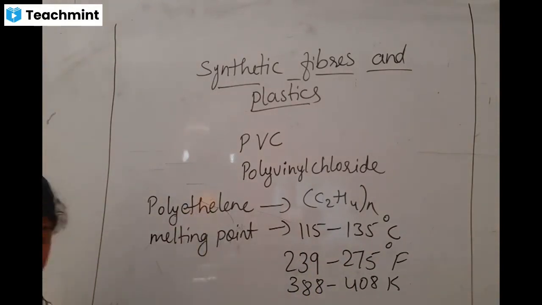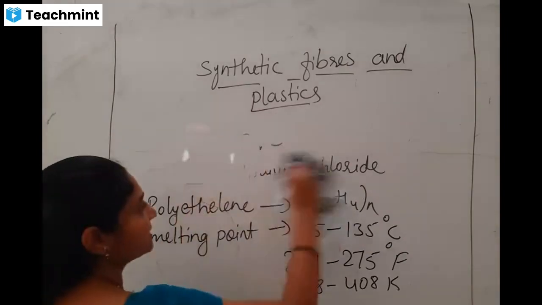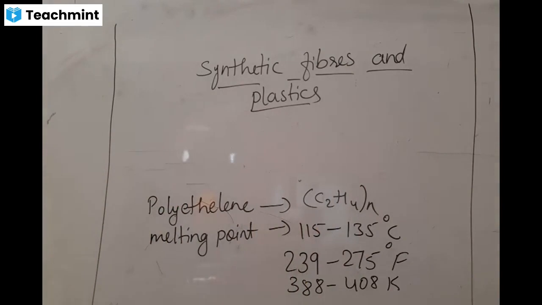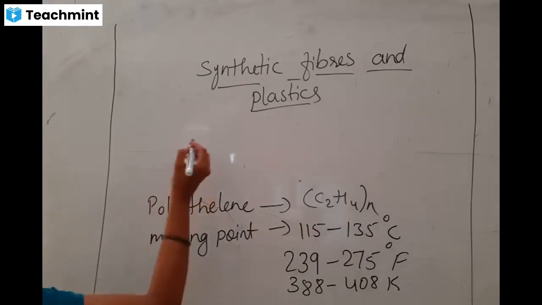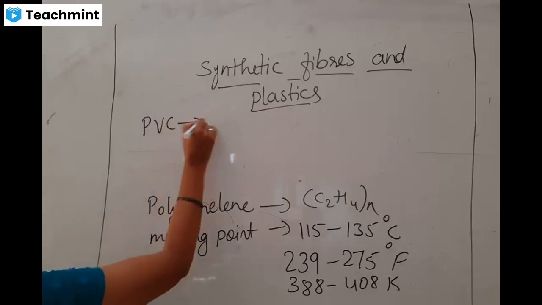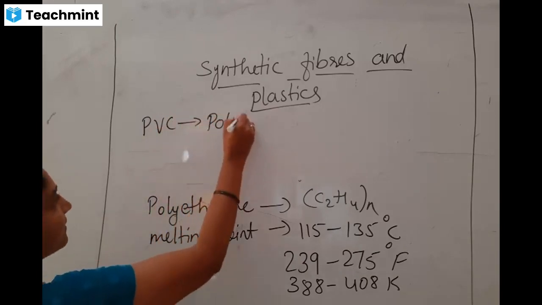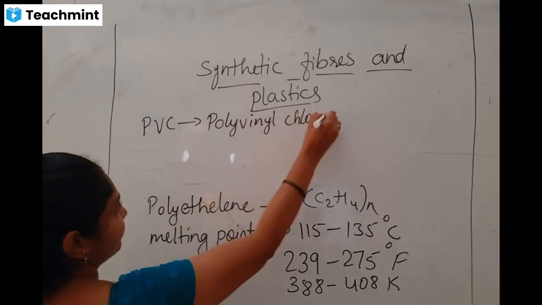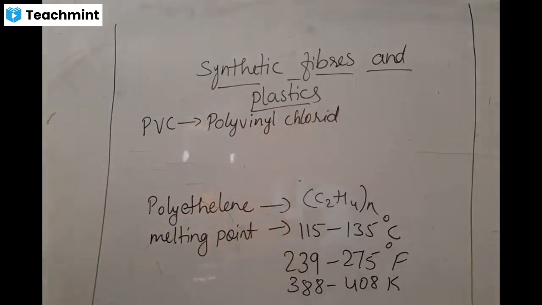And the density of this polythene. You know what density is. How do we define density? Mass per volume, right? So here I will write what we discussed. PVC is polyvinyl chloride, and polythene.